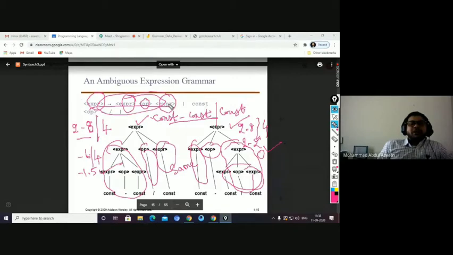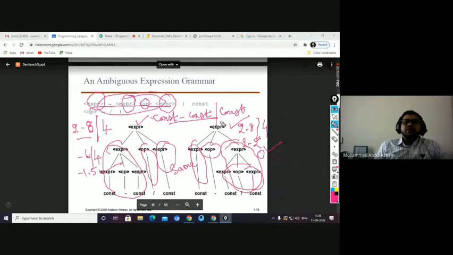If you expand this first, you get one tree. If you expand the other first, you get another tree. It means you may get 2 parse trees, which leads to 2 different derivations. This is not recommended, so this kind of grammar is not allowed in a programming language.